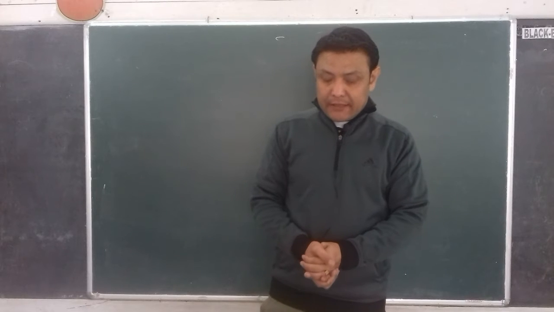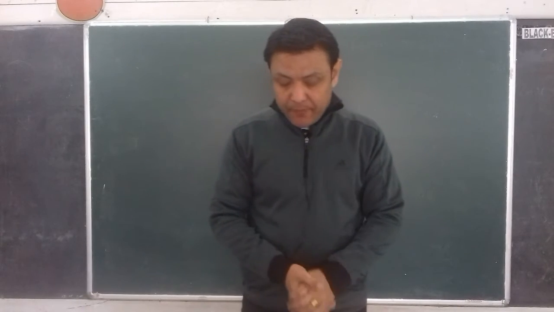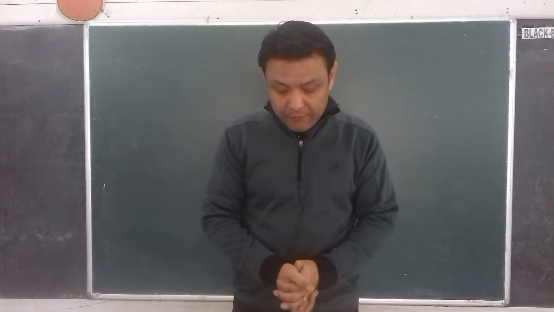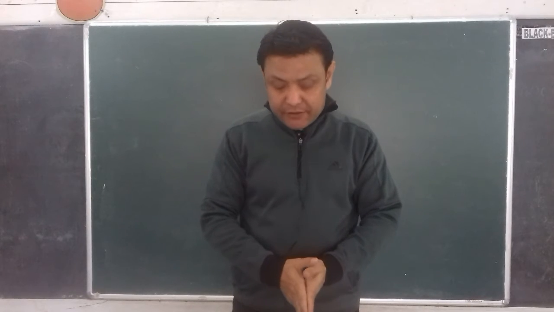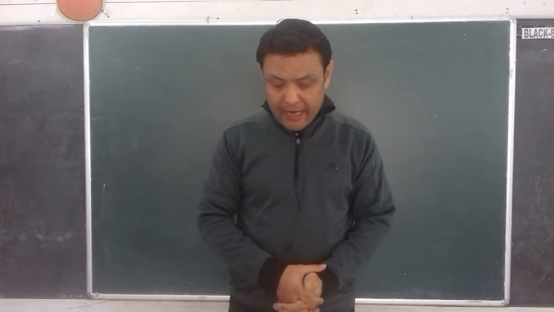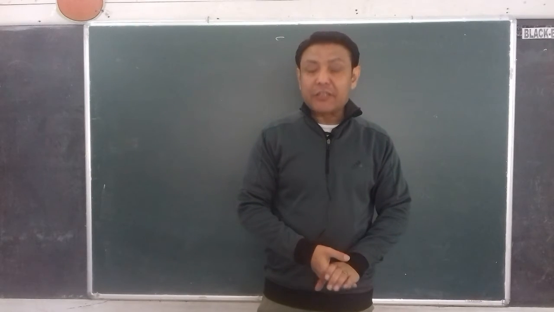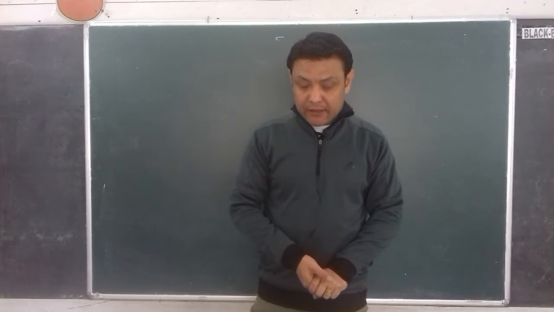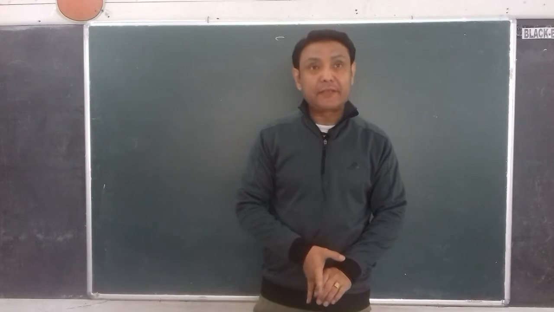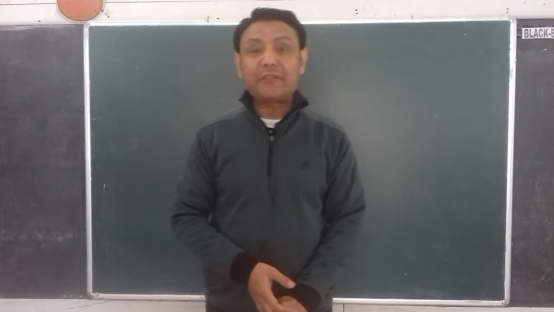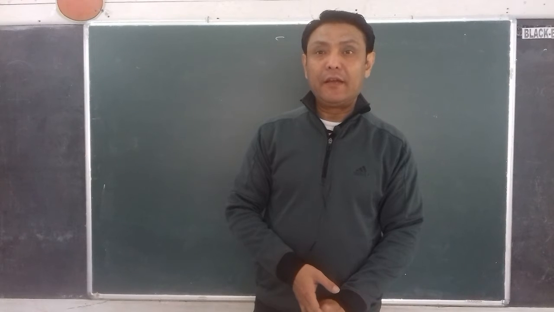According to Dalton's atomic theory, all elements are made up of tiny, indivisible particles called atoms. Thus, an atom of an element is the smallest particle that exhibits all the properties of that particular element.